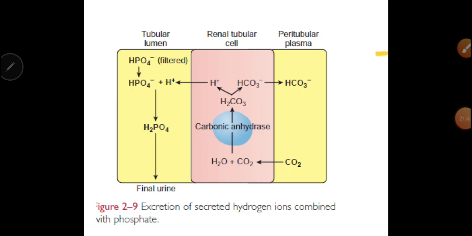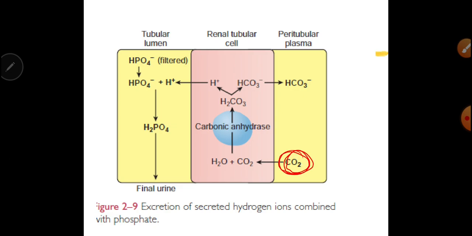Now we will talk about excretion of secreted hydrogen ions combined with phosphate. This will explain the role of the kidney in the tubular secretion of some solutes, and how the kidney has the ability for solute secretion in the urine. Let us start this time from the CO2.